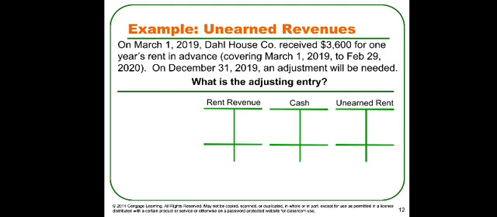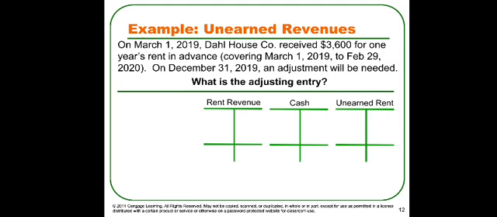So the receipt of 3,600 covers the period of March 2019 to February 2020. It is 1 year revenue from the space.